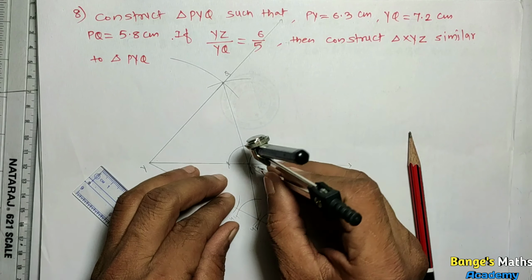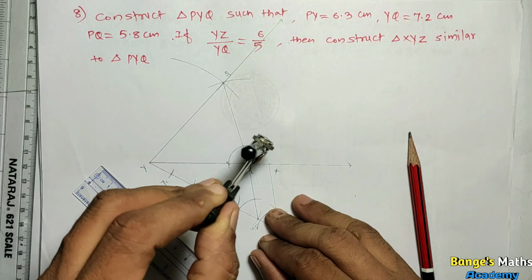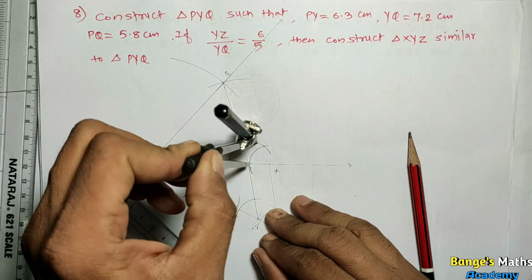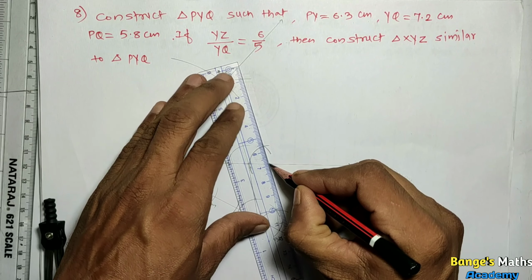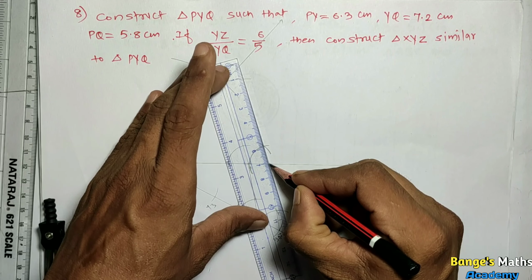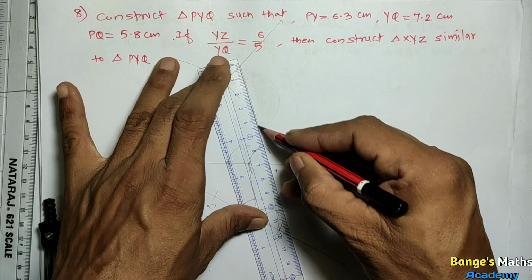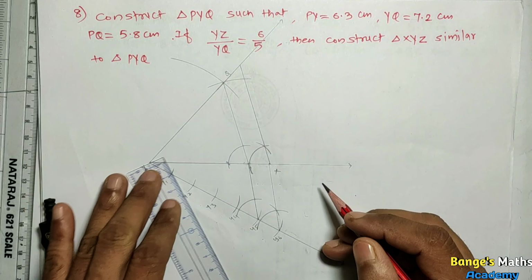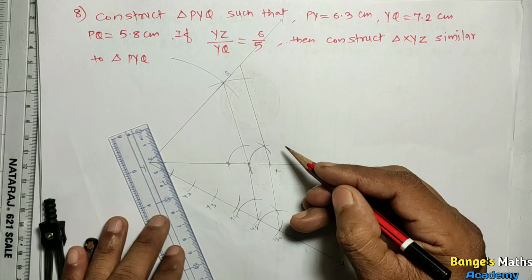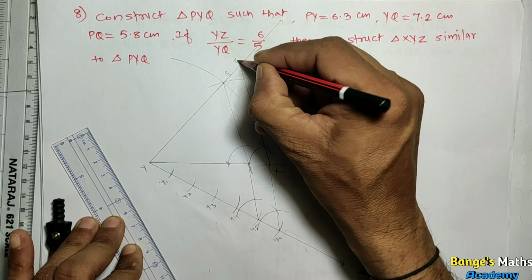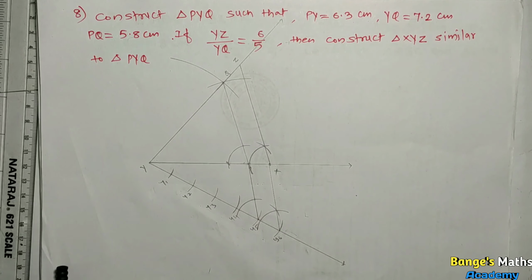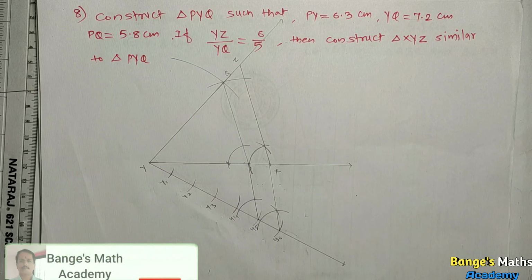Put still point on this arc and draw intersecting arc to this. Then join this point X and point of intersecting arcs. So we draw triangle PYQ and triangle XYZ which are similar to each other. Hence we completed 4th chapter geometric construction with problem set.